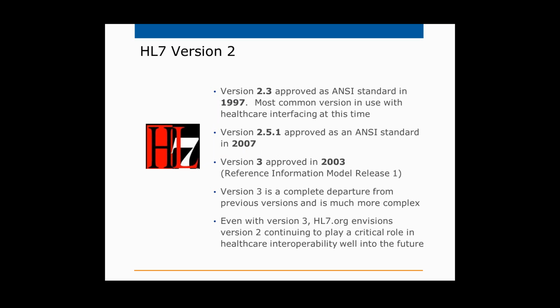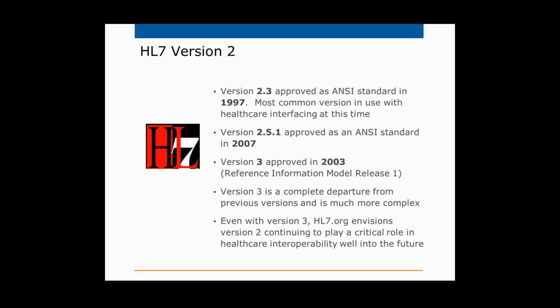They're similar standards. When you get to version 3, it is a complete departure from version 2. I like to mention that because version 3 isn't just the next version of 2. It was designed from the ground up, taking all the lessons learned with version 2, with new technologies and new approaches. But version 3 is a complete departure from version 2.